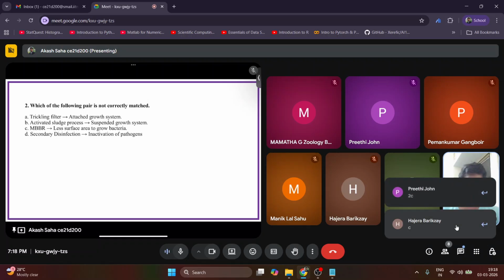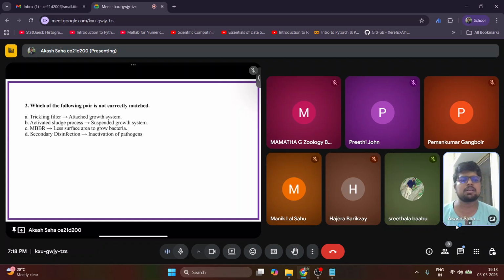So any other answer? Okay. Most of you are answering it as B. Oh, sorry, C. So C is nothing but the MBBR, or moving bed biofilm reactor. The entire idea behind making such a system was to increase the surface area for the bacteria to grow.